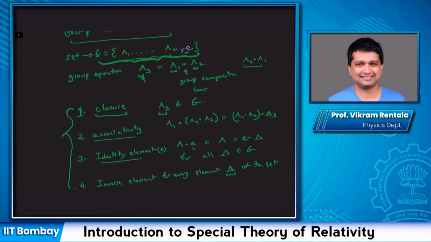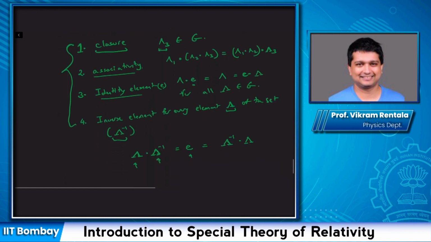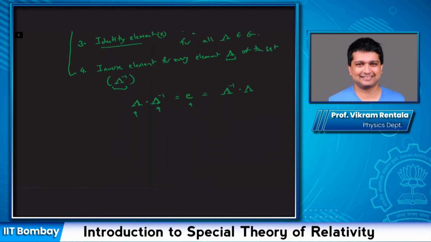So to define a group, I need to specify the set and I need to specify the group operation. And as long as the group operation satisfies these four properties, then we can say that the set along with the operation forms a group. Now, there is an additional property that some groups satisfy but not all, which is the property of commutativity.